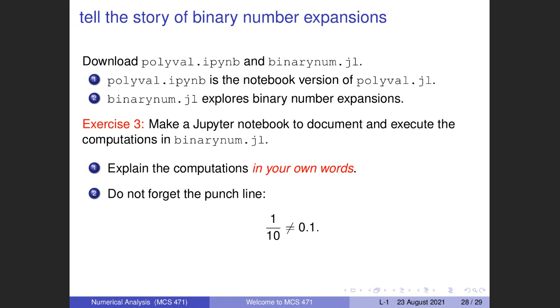It is important that you can tell it in your own words. You can borrow my words or my explanations if something is not clear from the recordings. That's the first important thing about this exercise. Second part, the punchline: in binary number systems, 1 over 10 is not equal to 0.1.